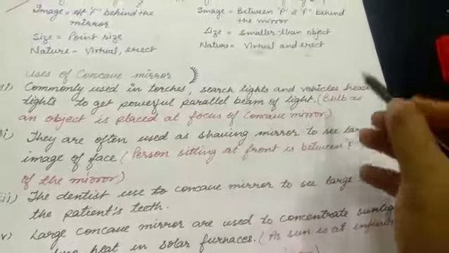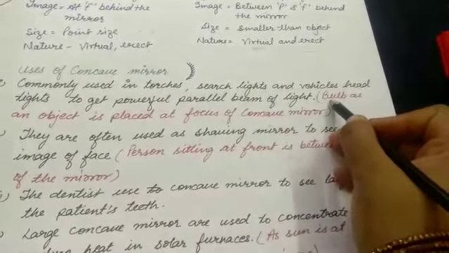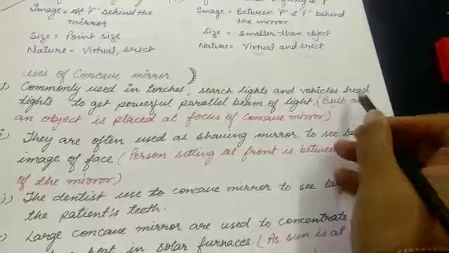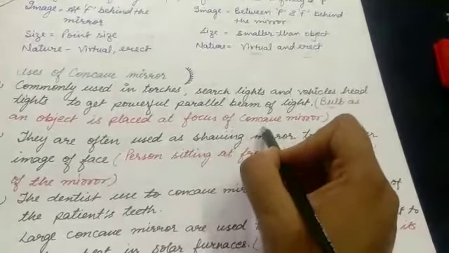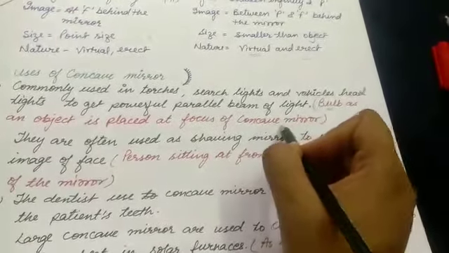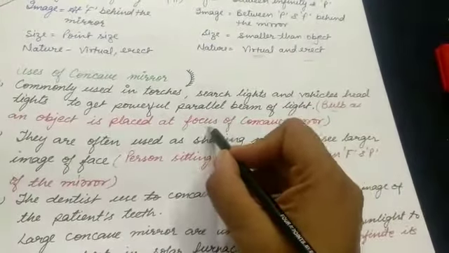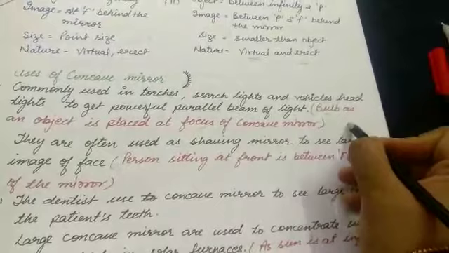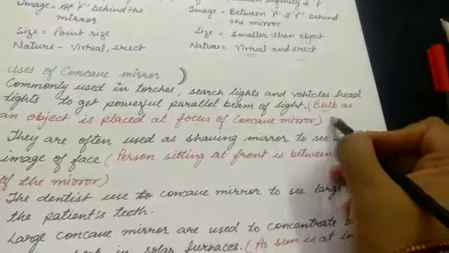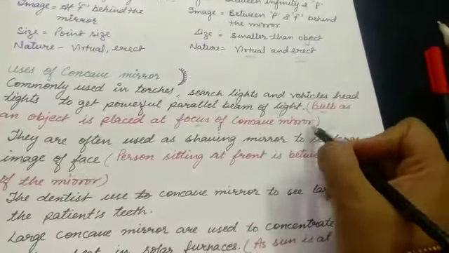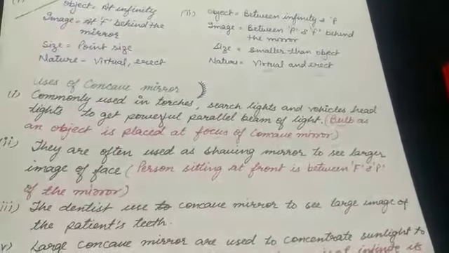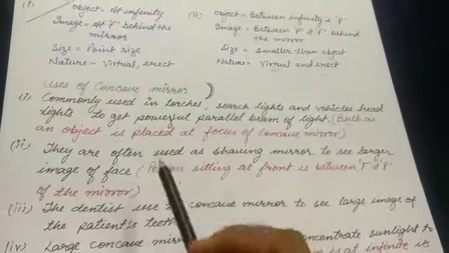In this case, the bulb is considered to be an object, and it is placed at the focus of the concave mirror, because we have shown that when the object is placed at focus, the reflected rays are parallel to each other. In this way, we get a parallel light beam. That is why concave mirrors are used here.